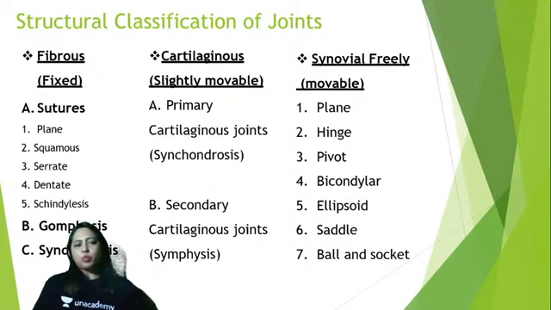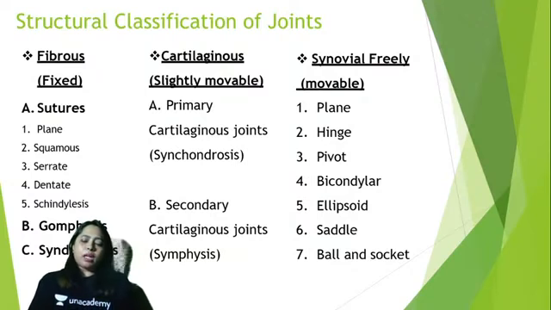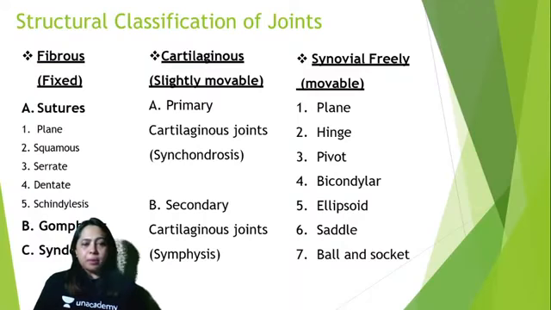Syndesmosis is between two bones. There is a connection between two bones. It could be the tibia and fibula, or it could be radius and ulna. These are some of the bones that are held together, and that is known as syndesmosis.